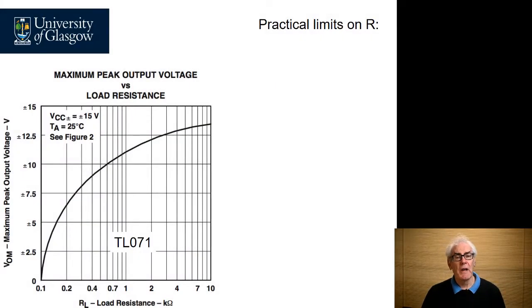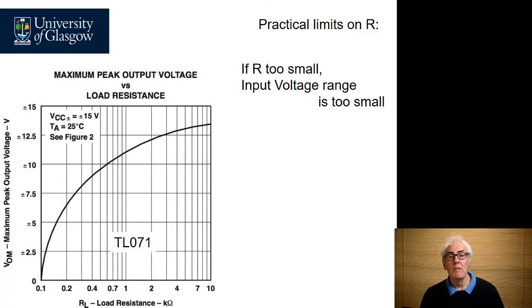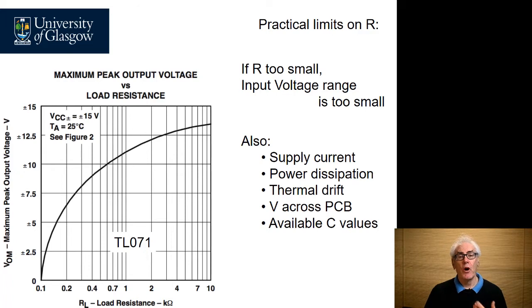If we now look at the data sheet for a typical amplifier, here we have a variation in the output voltage compared with the load resistance. If R is too small, the input voltage range is too small. So we need to try and optimize the value of R. It also impacts supply current, power dissipation, and things like thermal drift, which we're not going to consider here, but those are things that it might impact.